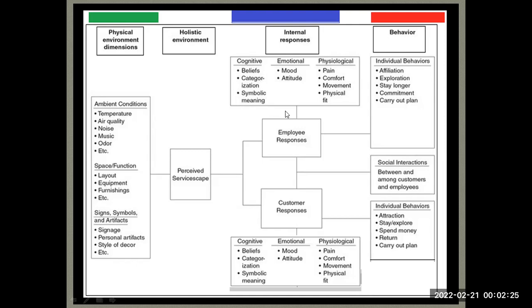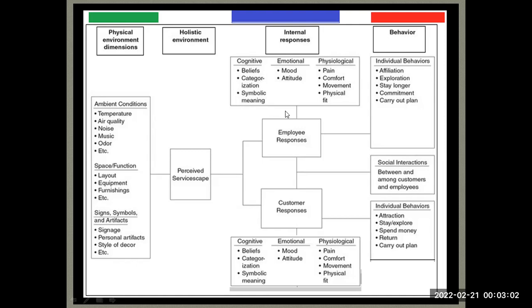So the employee would like to affiliate with that organization and explore things in it. He may think about whether to stay with the organization for a long time or quit. If the organization is good, he will give some commitment and also plan his career.